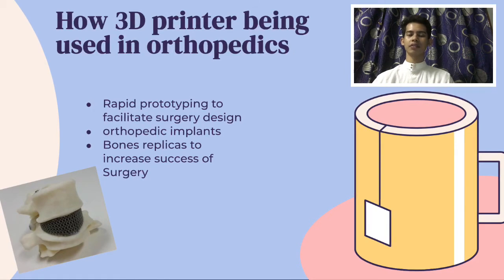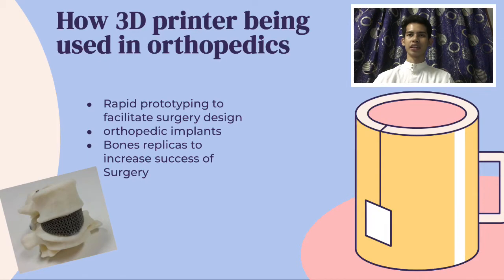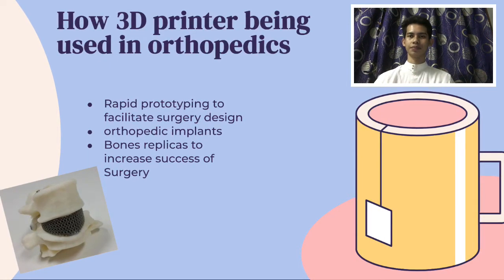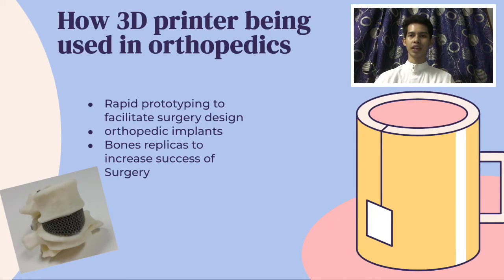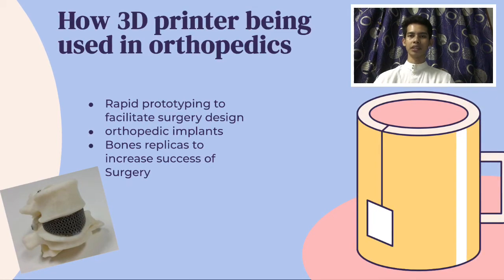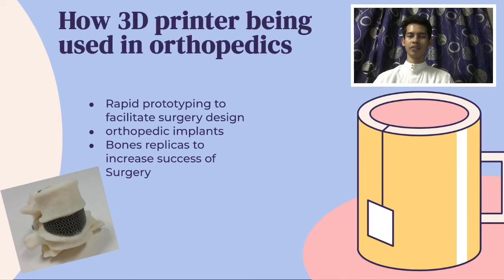Professor Alberto Liardini also mentioned about how 3D printer being used in orthopedics. In orthopedics, they use it for rapid prototyping to facilitate surgery design, orthopedic implants, and also bone replicas to increase success of surgery.